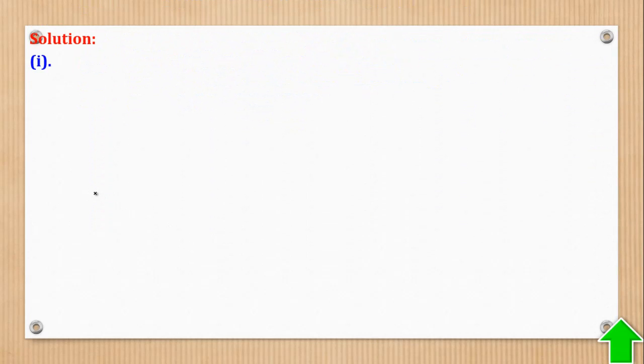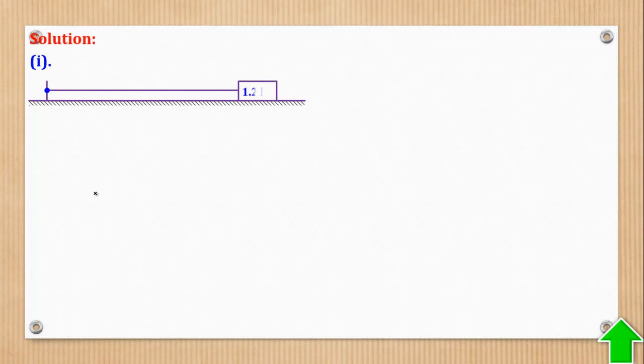For 1, they didn't draw for us a sketch, but we need a sketch. So we shall come and first make a sketch, get a horizontal surface, get a fixed point, that is the string, that is the stretched particle, stretched by a certain force F. And because it is stretched, there will be tension in the string.